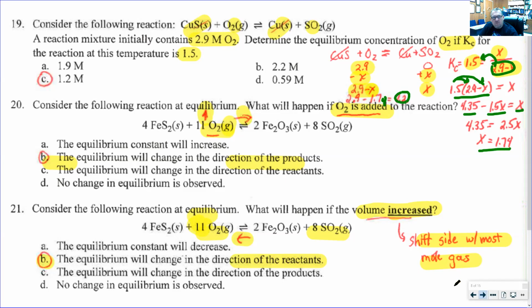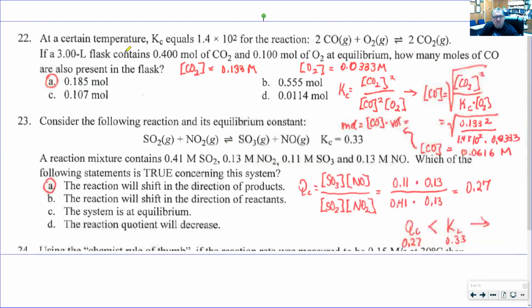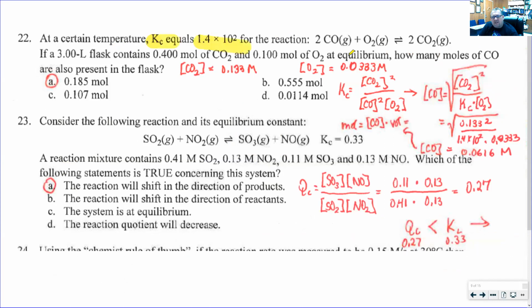All right, so going to problem 22. Says I have, at a certain temperature, K sub C is given, and I've got an equilibrium, and then I've got a 3-liter flask, and I've got a certain number of moles of CO2, and 0.1 moles of O2, and I want to know how many moles of CO2 are present in the flask.